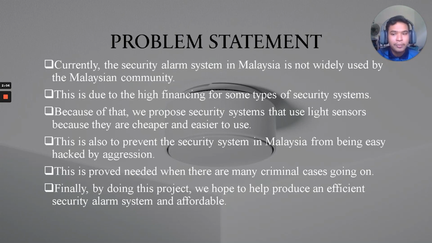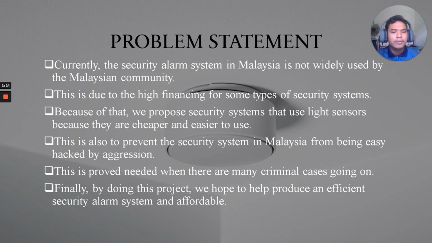This is due to the high price of some types of security systems. Because of that, we propose a security system that uses a light sensor because it is cheaper and easy to use.